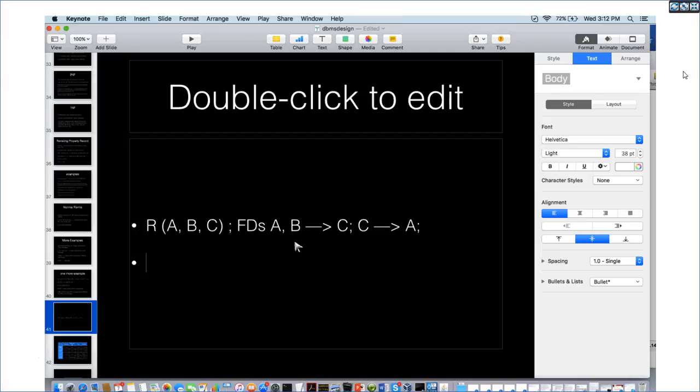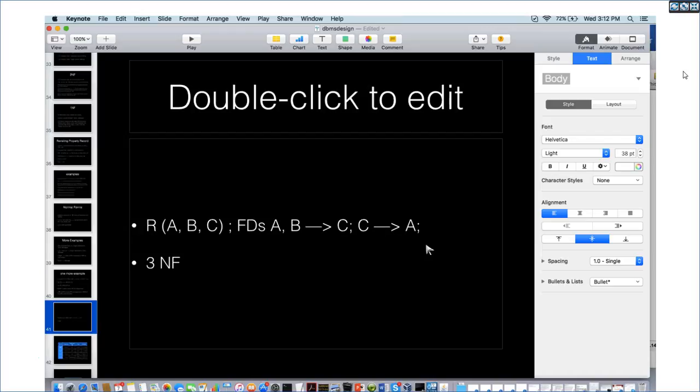Now this relationship is in 3NF. Why is it in 3NF? Because in C to A, the C is not a key, but the A on the RHS is part of the key, since AB is the key. C is not a super key, but it is still in 3NF.